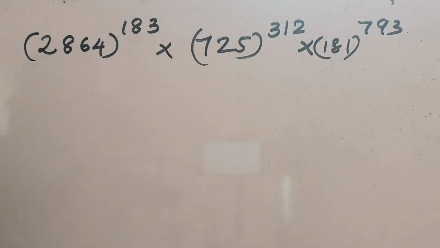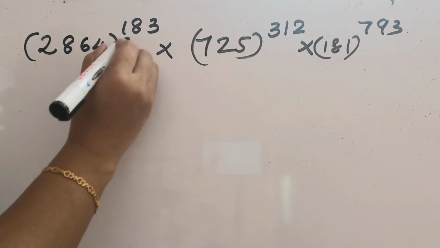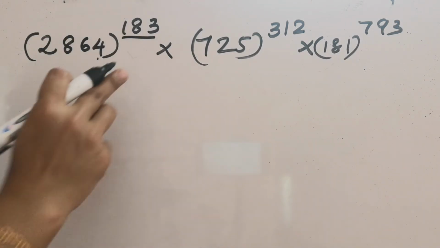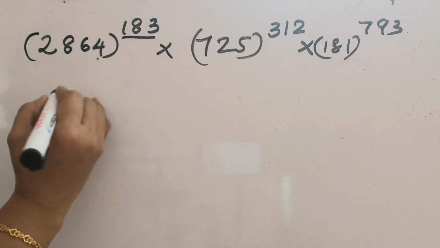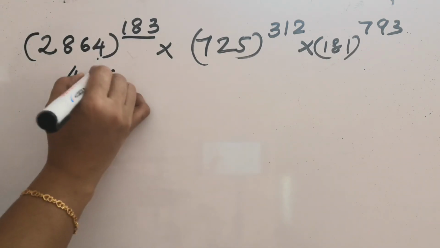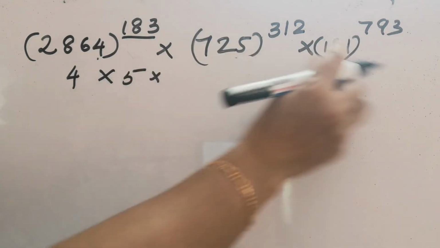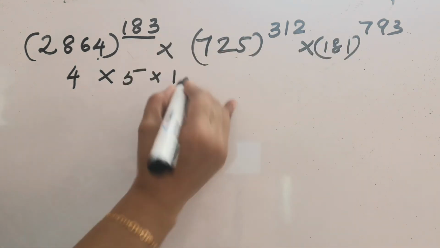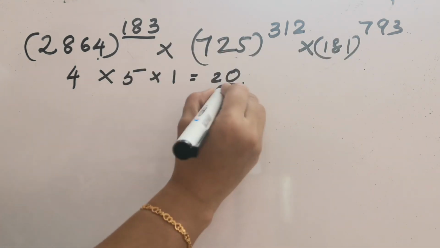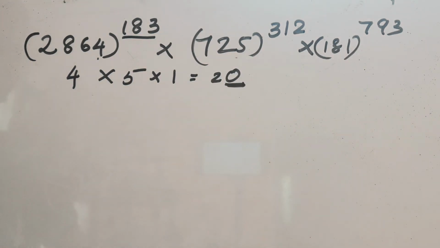If 4 raised to n where n is an even number, the unit place number is 6, and if n is an odd number, the unit place number is 4. Here n is 183, it is an odd number, so the unit place number is 4, multiplied with, we know the rule of 5, the unit place number is 5, multiplied with 1, the same rule as 5 also, that is equal to 20. The unit digit is equal to 0.